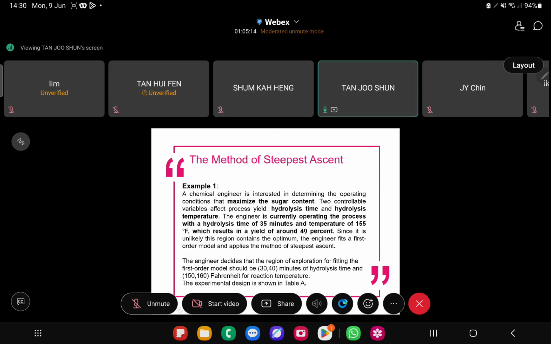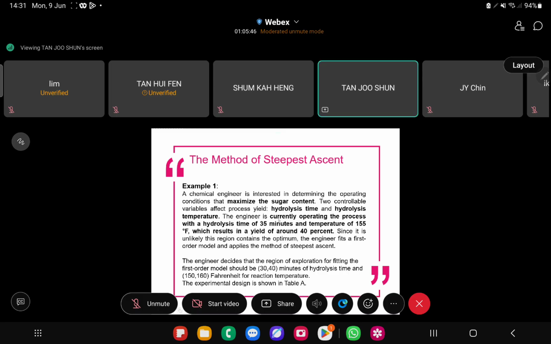Currently, the engineer operates the process with hydrolysis time at 35 minutes and temperature of 155 Fahrenheit. With these operating conditions, the sugar obtained is about 40%.